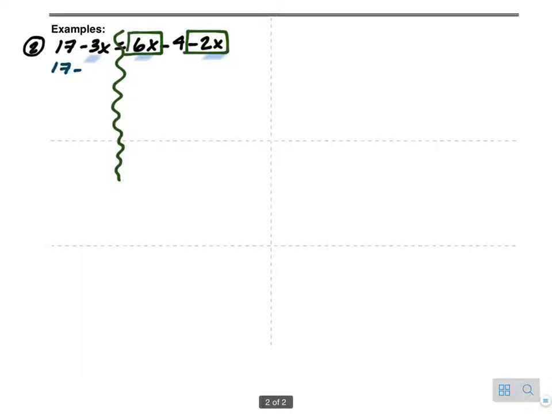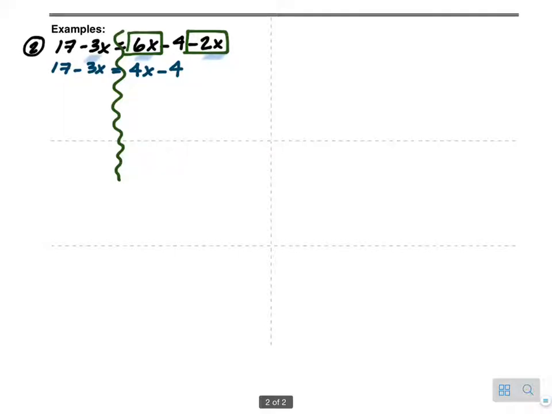And again, I write on that squiggly line for like the river to say, hey, I can't move terms without adding or subtracting between those sides. So I'm going to have 17 minus 3x, so that's going to stay. And because I have this 6x and the negative 2x, that provides me with a 4x minus 4.